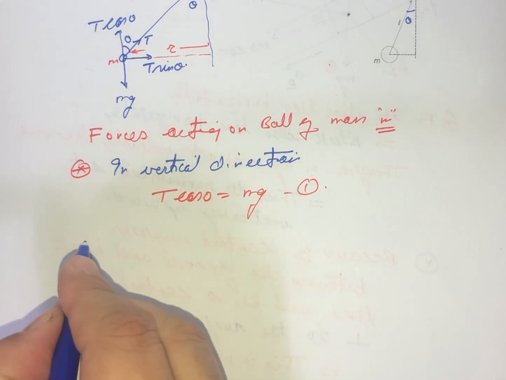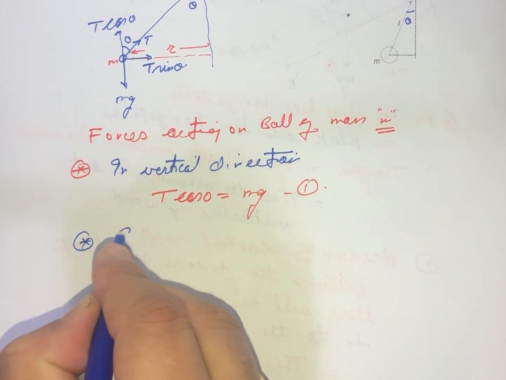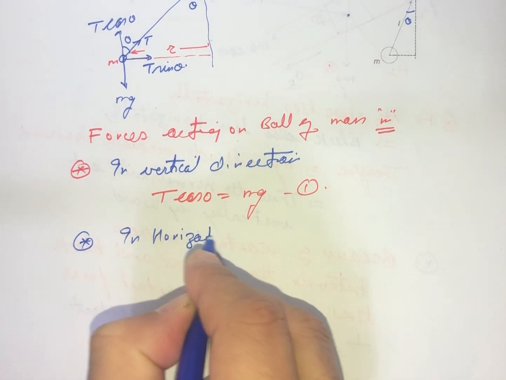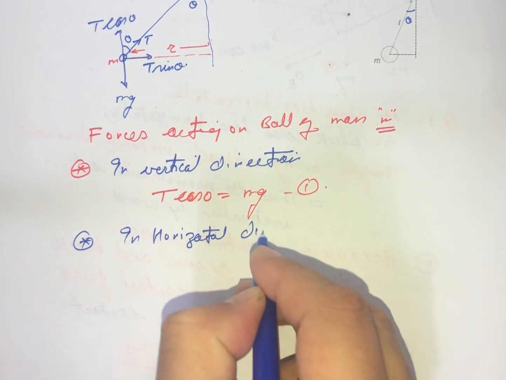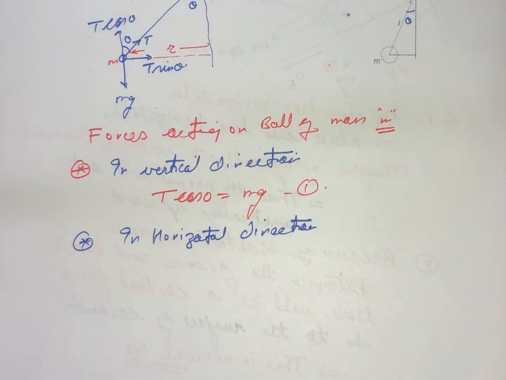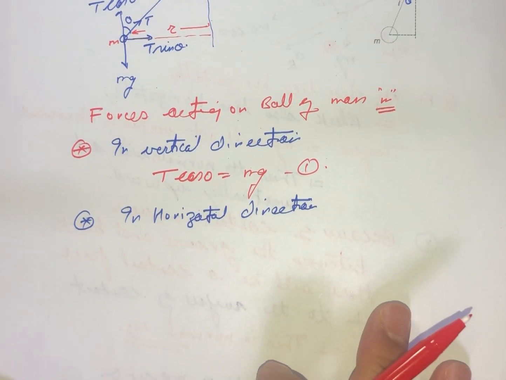And in the horizontal direction, there will be T sin theta, which is going to provide the centripetal force.